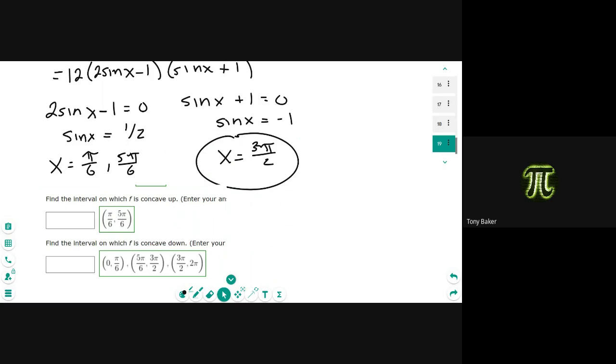Okay, so I thought the inflection points were pi over 6, negative 1.5, right? Or -3/2. Yeah, which is what I have, but it's saying it's wrong. That's weird. 5/6 and 5/6. Hold on. Oh, wrong problem. This was 9, right?